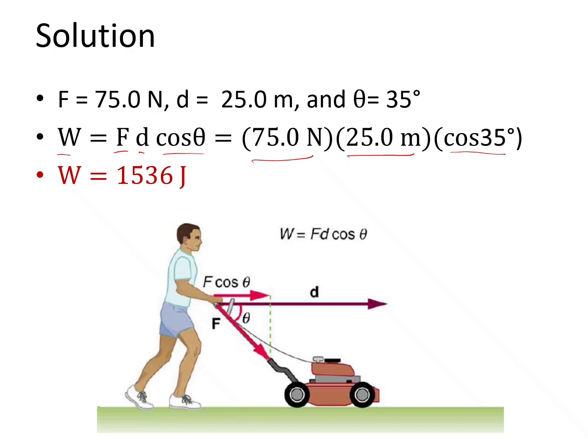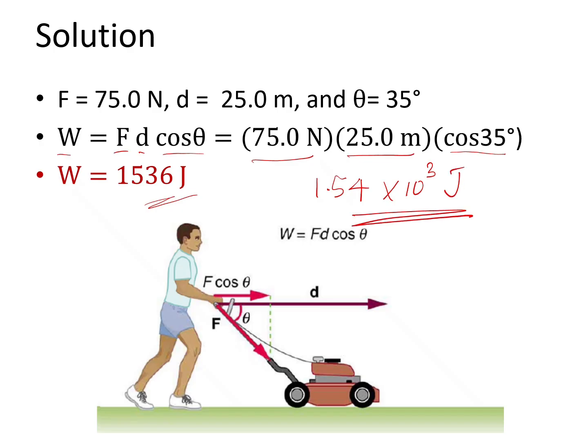And we get W, or the work, is equal to 1536 joules. Now if we round this to three significant figures, we get the answer 1.54 times 10 to the power 3 joules.